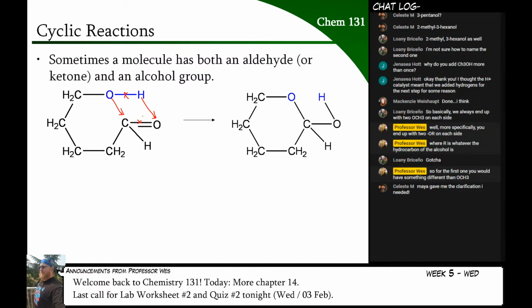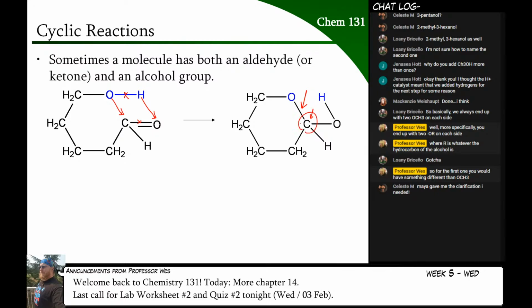Guess what happens in carbohydrates? Da-da-da-da. This. Carbohydrates are usually 5-membered or 6-membered rings. In this case, we have a 6-membered ring. And when they do this, they make a very particular bond that closes the ring. And that bond is strong enough to keep the molecule in place because of the nature of this carbon right here.